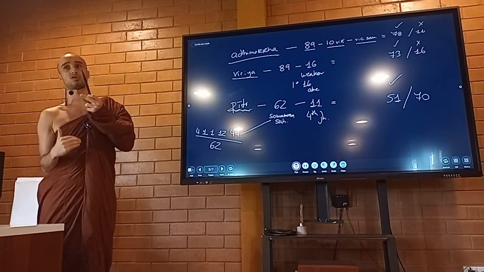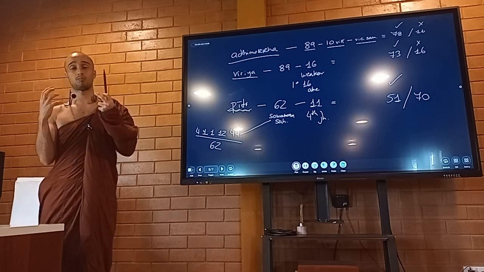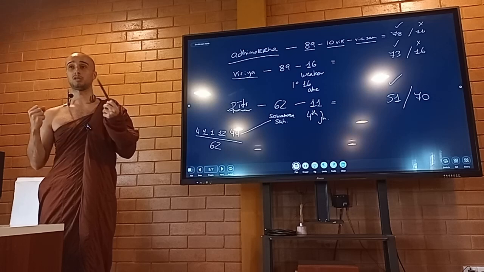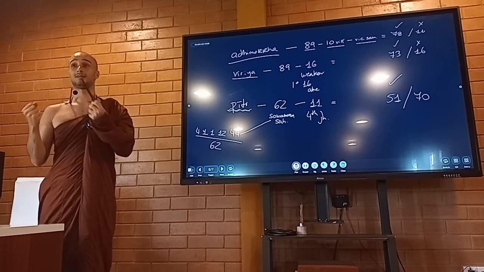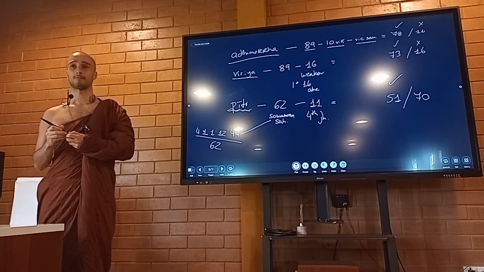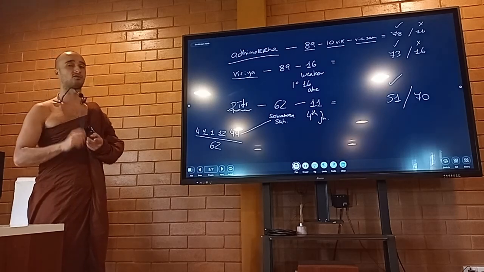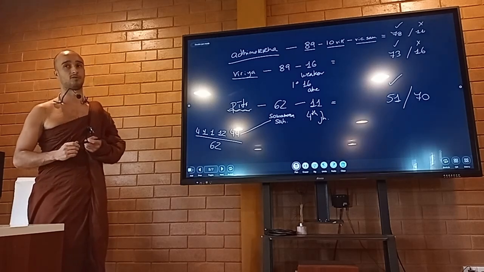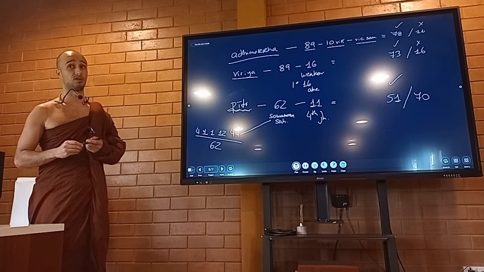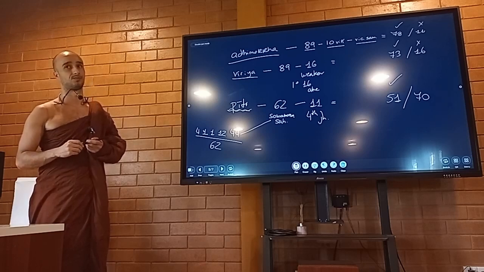So Piti is grosser than Somanasa Vedana. Somanasa Vedana is more peaceful than the Piti. Piti is a little agitated, a little excited, or it leads to that. Okay? So 62 Somanasa minus 4th jhanas, 51 cittas with piti. And then 70 have no piti. Okay?